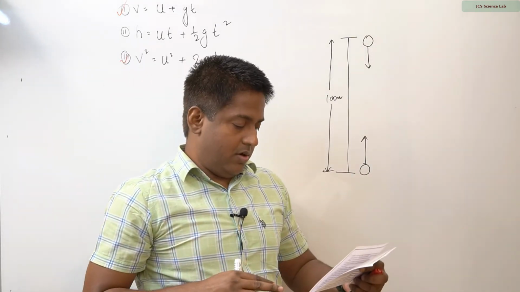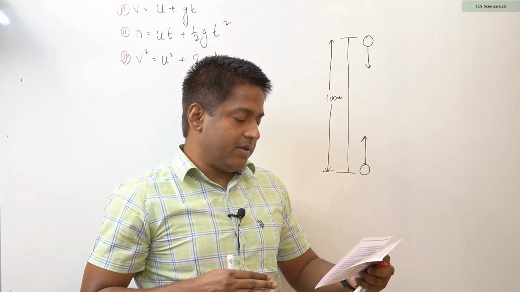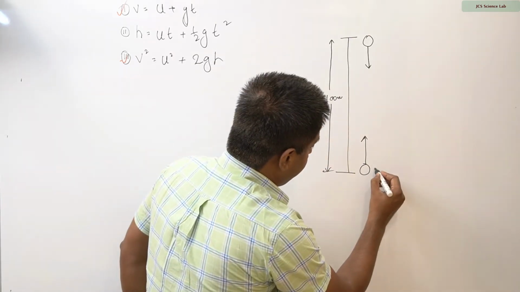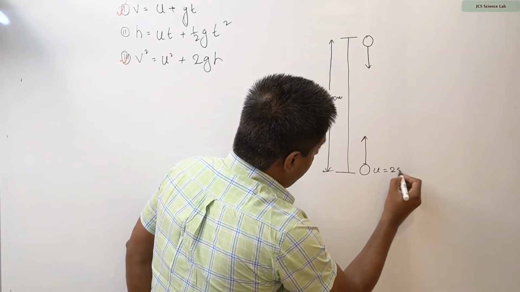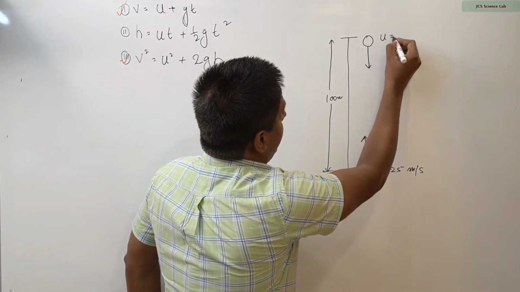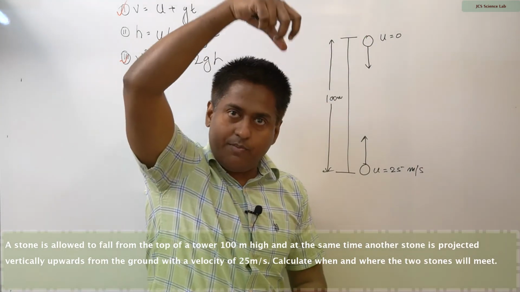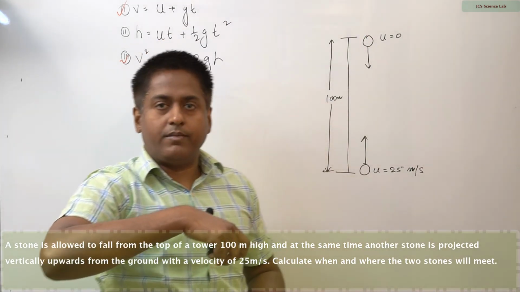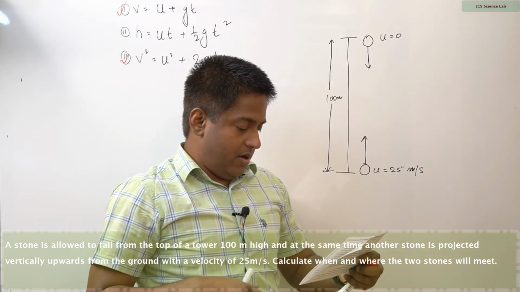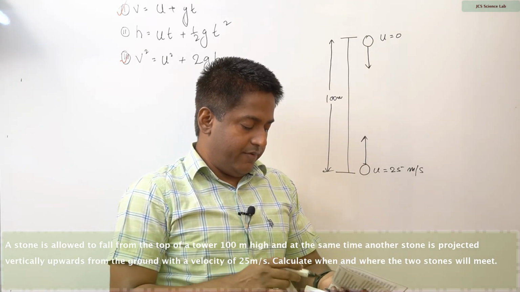It is projected vertically upwards from the ground with a velocity of 25 meter per second, and the initial velocity of the dropped object is 0 because it is dropped from the tower. Calculate when and where the 2 stones will meet.